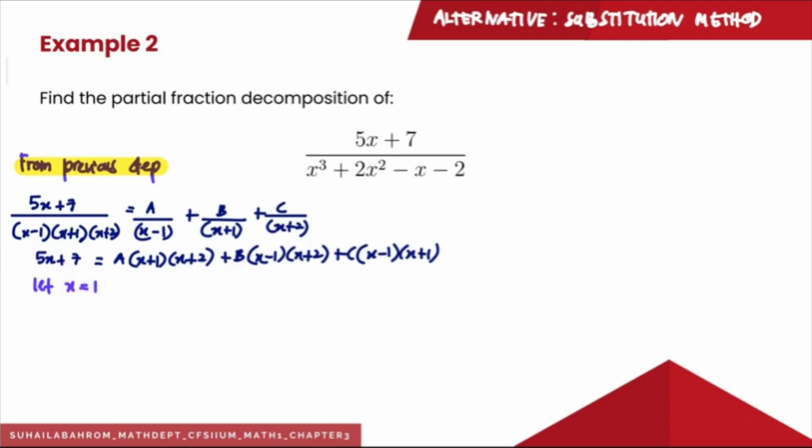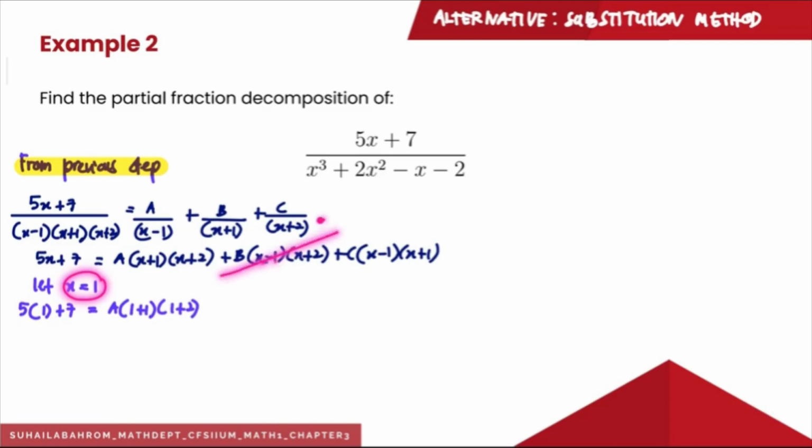What happens to the terms on the left hand side? You will get 5 times 1 plus 7, equals. When you substitute x equals 1 into the term of A, you will get A times (1 plus 1)(1 plus 2). For the term of B, when you substitute 1 minus 1, you will get 0.